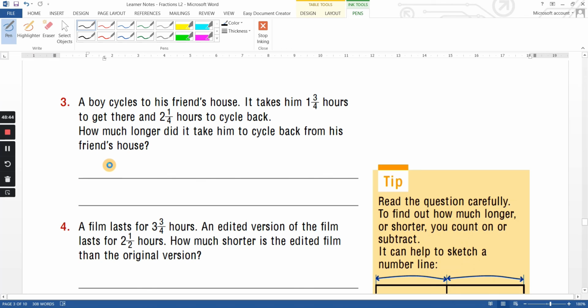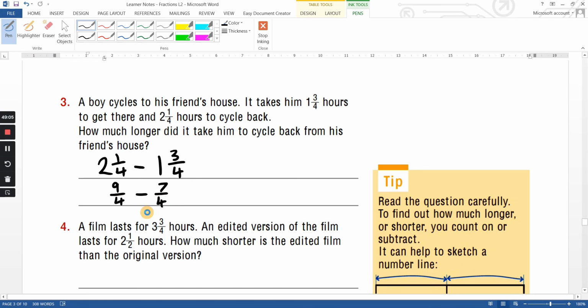So it's 2.25 minus 1 3/4. Yeah, let's change them to top heavy. So that's going to give me 9/4 minus 7/4.